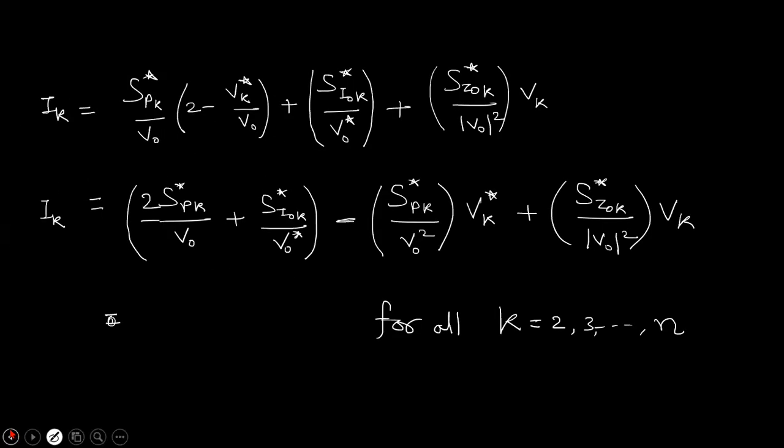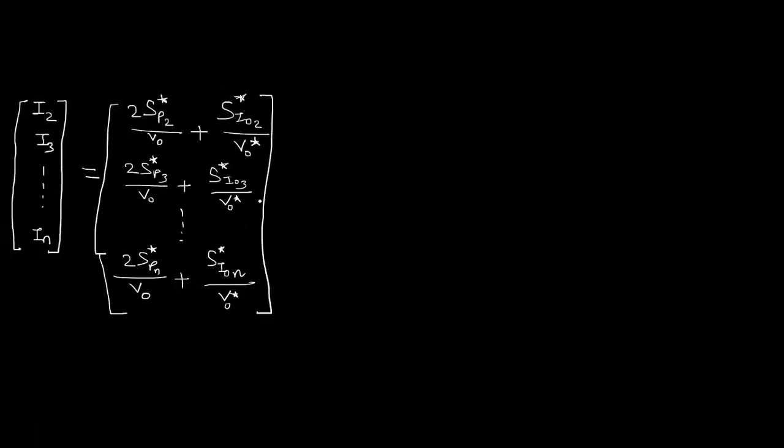Then going ahead, we have the second term, whose coefficient is Vk star. For all k, this V0 square is a common term, so let me take minus 1 by V0 square outside. So that becomes minus 1 by V0 square, that term outside.